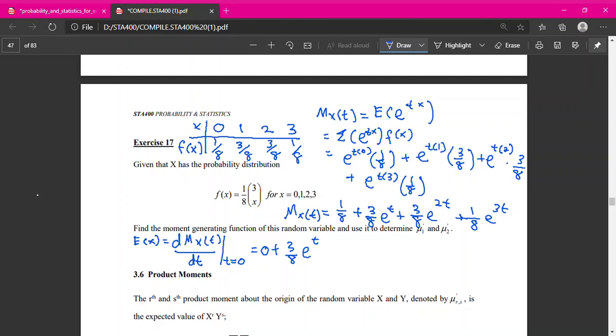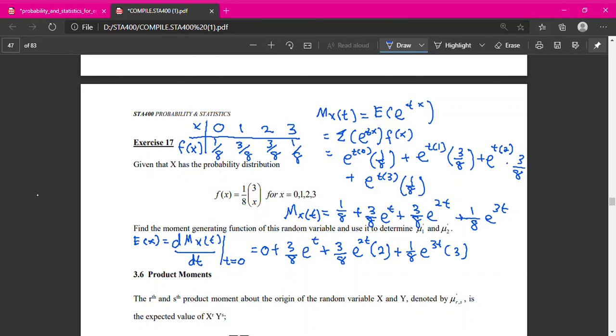Okay, kalau tak ingat, tengok balik you punya info ataupun knowledge about the differentiation of the exponent function, okay, in calculus. So here 2t multiply dengan 2, which is bila kita differentiatekan 2t. Last one, 1 over 8 is 3t multiply 3.